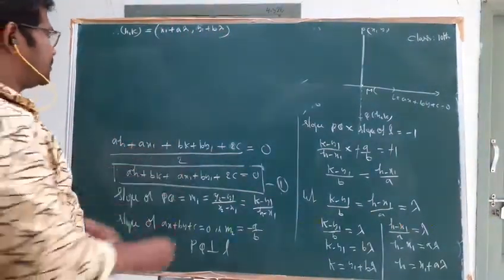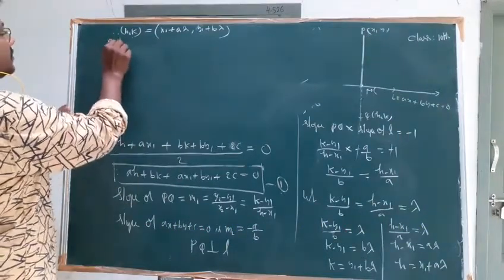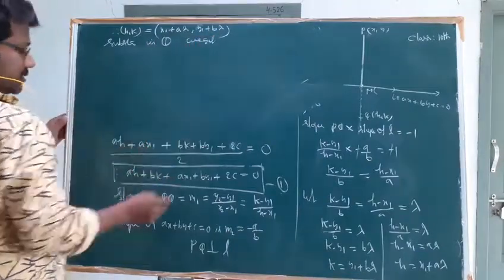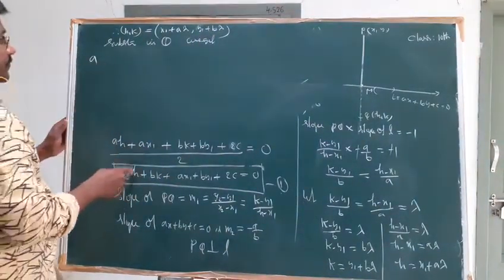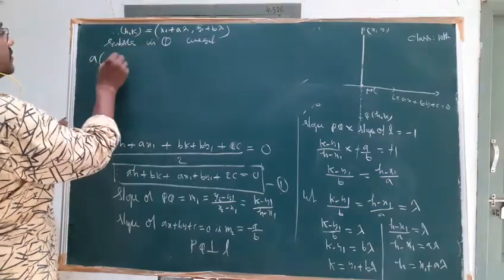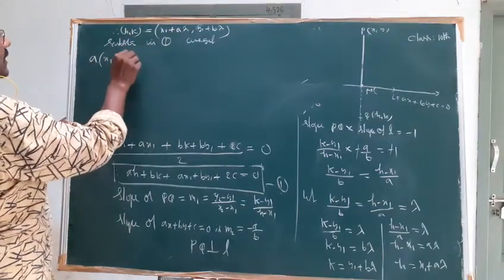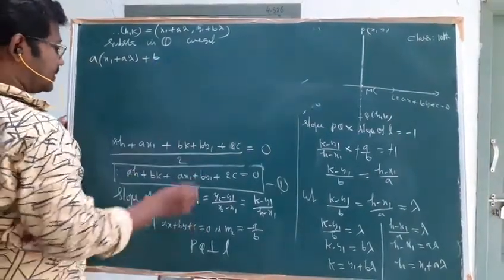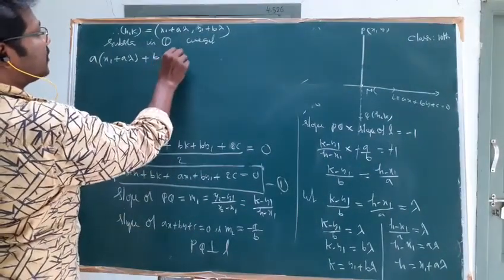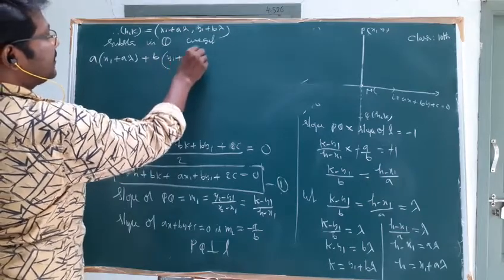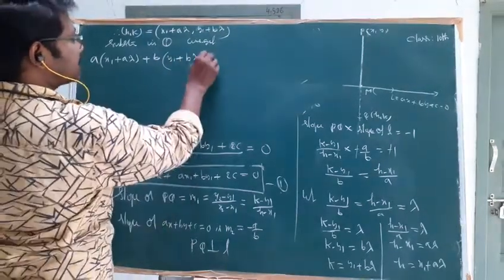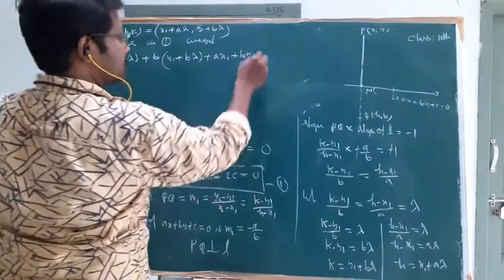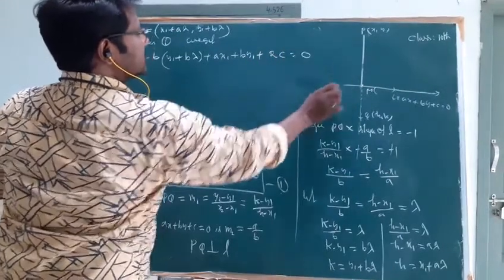These two we substitute in equation one, we get a times h, what is the h value, x1 plus a lambda, plus b times k value, y1 plus b lambda, plus ax1 plus by1 plus 2c is equal to 0.